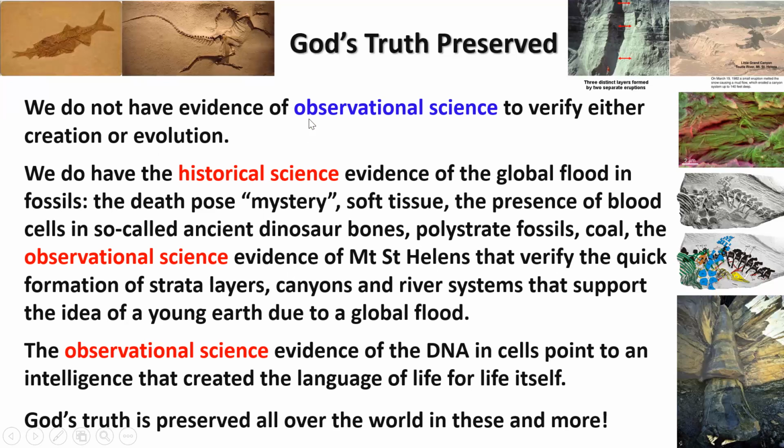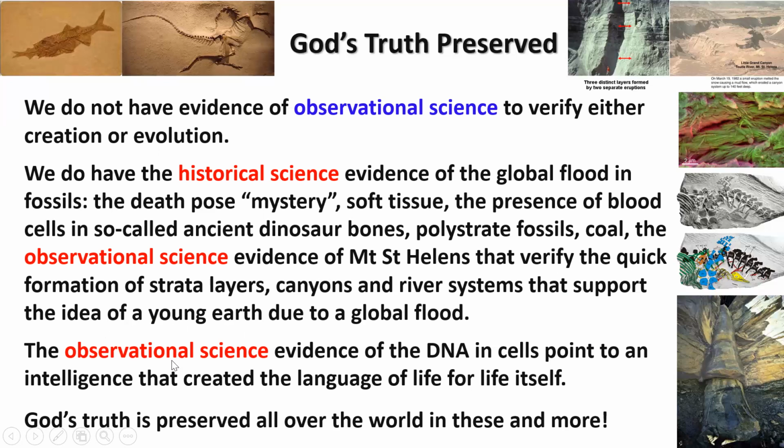Okay, so we may not have the observational science for creation and evolution themselves, but we do have observational signs that show all these things supposedly millions and billions of years ago actually took place in a very short time. That gives us the idea of a young Earth due to something similar to St. Helens, but this time on a global scale, the global flood.